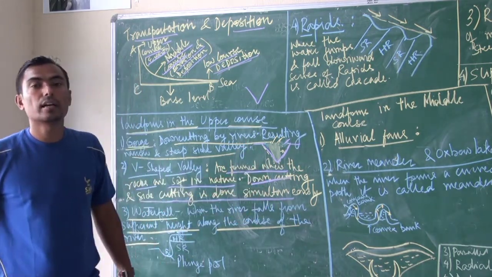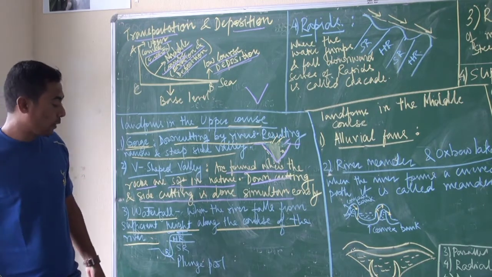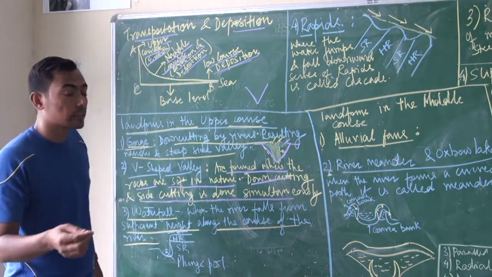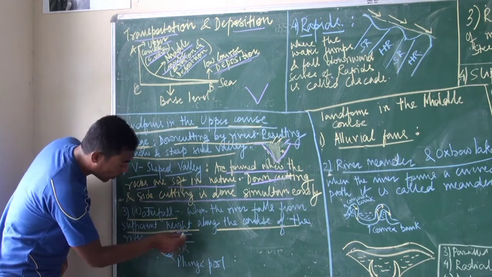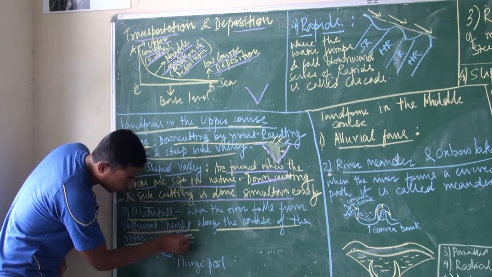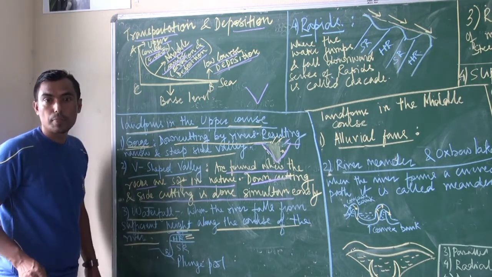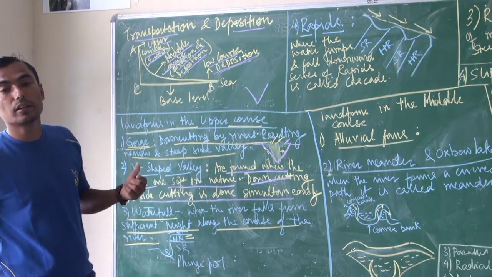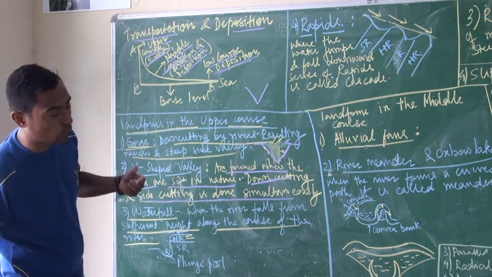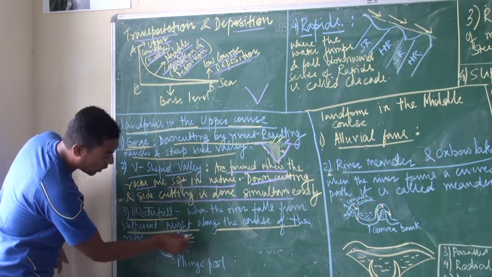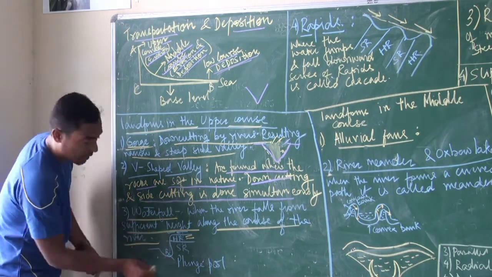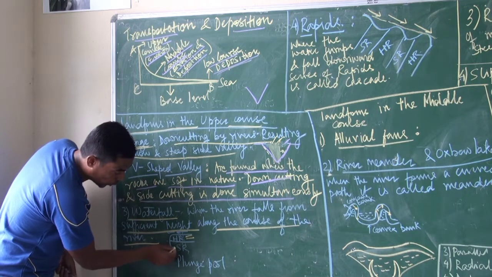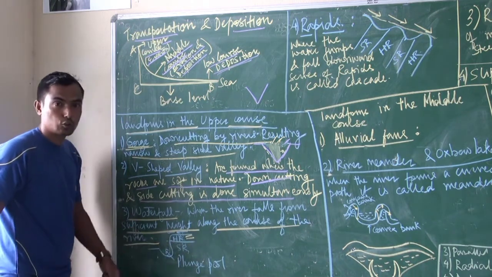Whenever a waterfall comes into existence, the upper layer of the rock is always hard rock, because hard rock is eroded, but it takes a very long period of time. Therefore, the upper layer of the waterfall has hard rock, whereas the lower layer has soft rock.